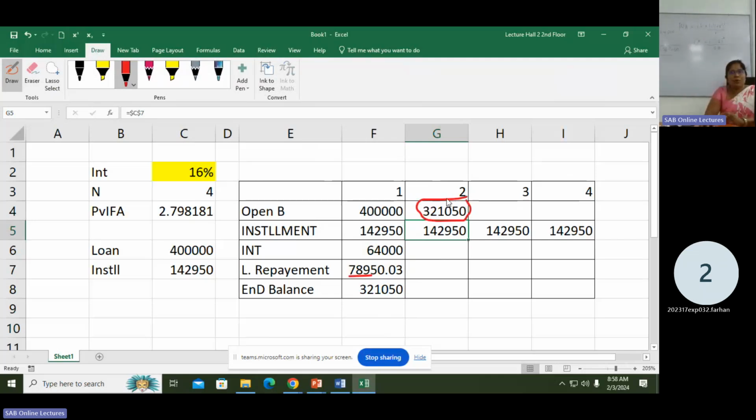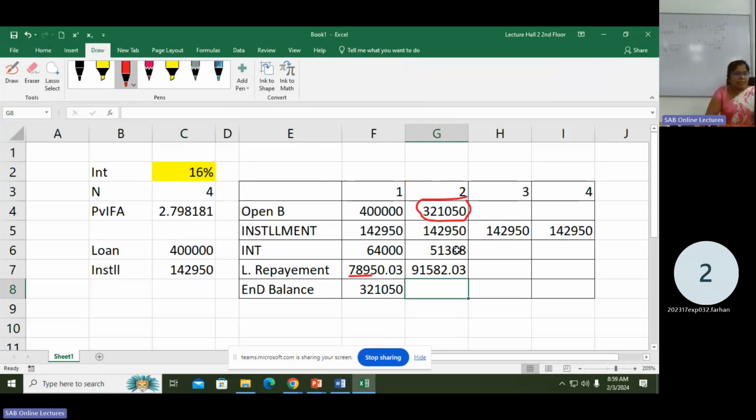So year 2 opening balance is 321,050, and interest is calculated on this value. How much is the interest? 321,000 into 16%, 51,368. Then you can calculate loan repayment for year 2, installment minus interest, 91,582.